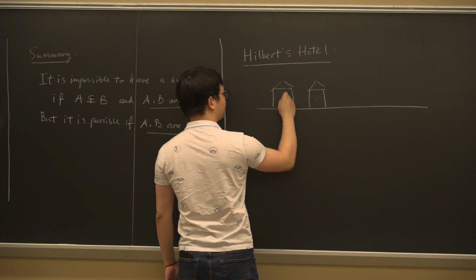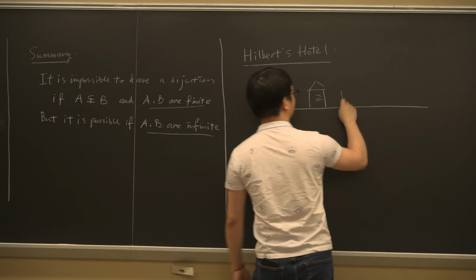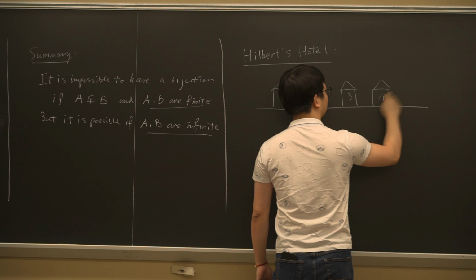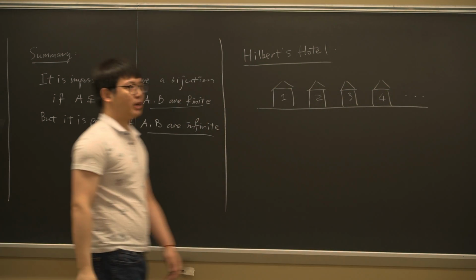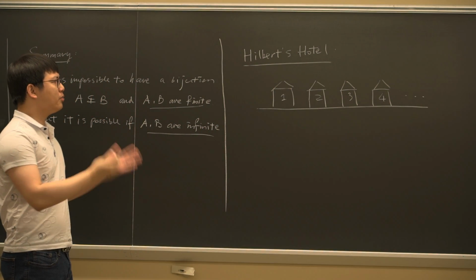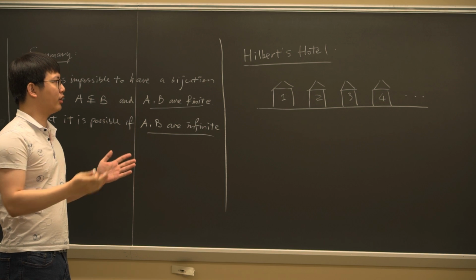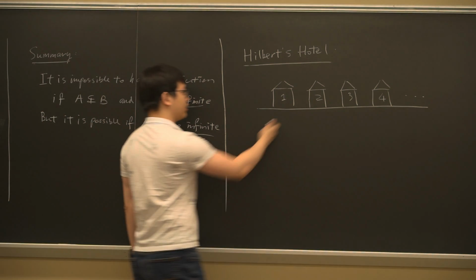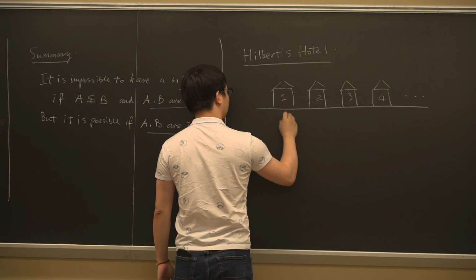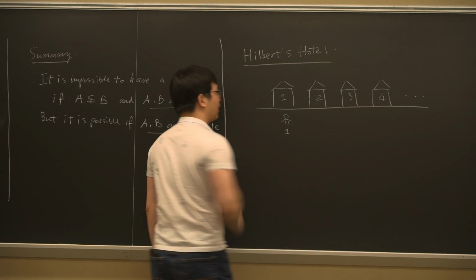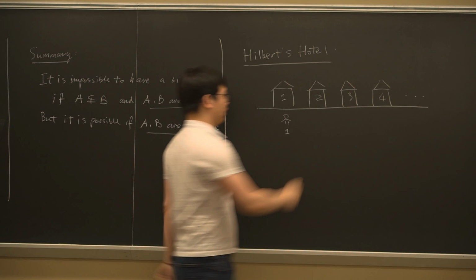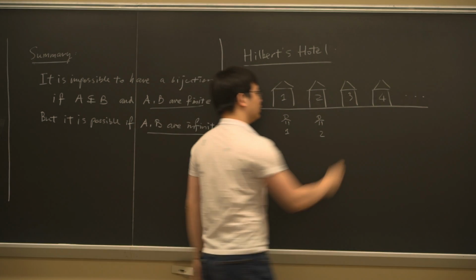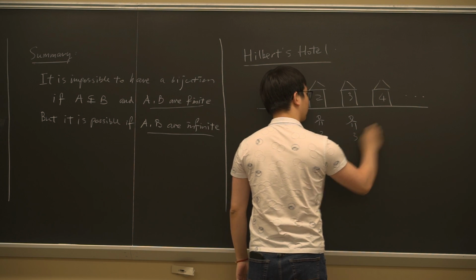So I could call the first room room 1, the second room 2, and so on. So there are infinitely many rooms. Assume these rooms are already completely occupied by people, so there is a person called person 1. This person 1 is living inside room 1, and there's a person 2 living inside room 2, and so on and so forth.